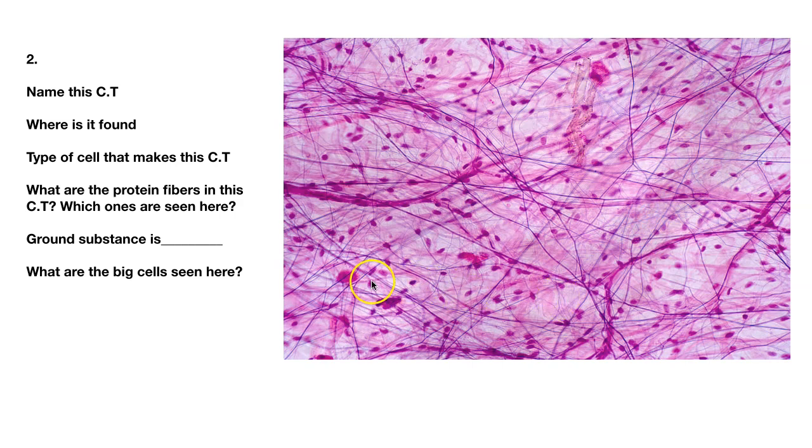And there's something unique about this particular connective tissue. They have these big cells in them. What are these big cells called? So that's it for all the questions on slide number 2.